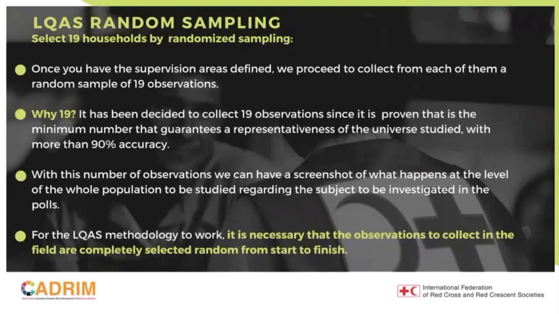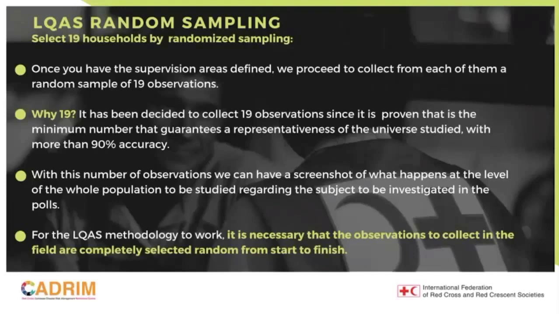Once we have the supervision areas defined, for example in Colombia, which is one of the countries of the CAS project, once we are clear which supervision areas we are going to use to implement the survey, let's say Department 1 and Department 2, then we proceed to collect from each of them a random sample of 19 observations, or households in our case. That means that for each supervision area, we just select through a random sample 19 houses.